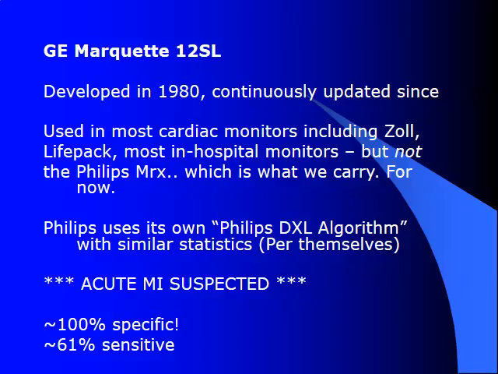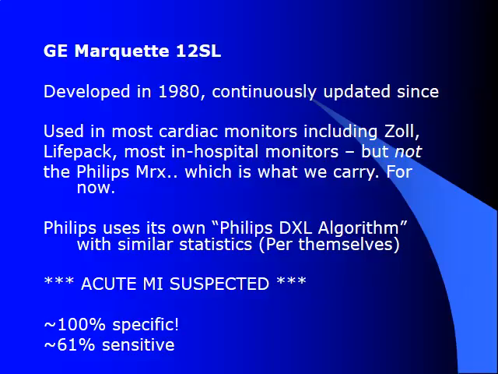What this means is that, excuse me, I just lost my train of thought there. A negative readout, whenever we don't have acute MI suspected, isn't going to be very helpful.